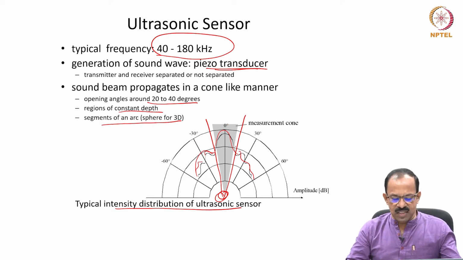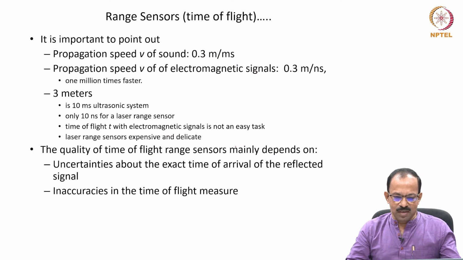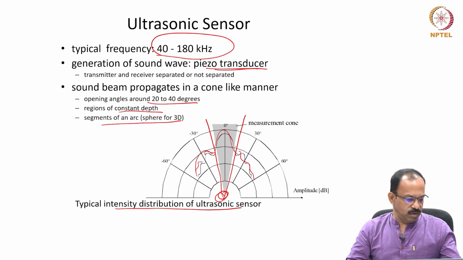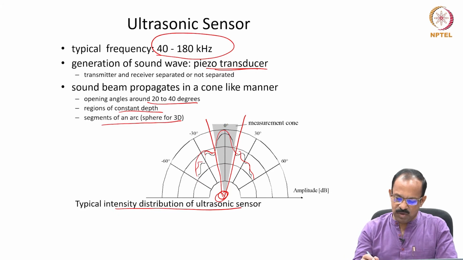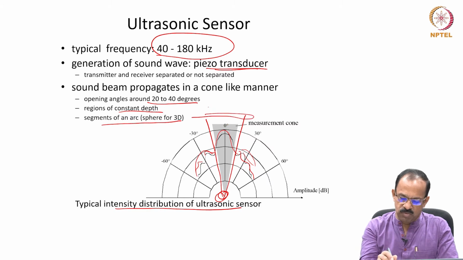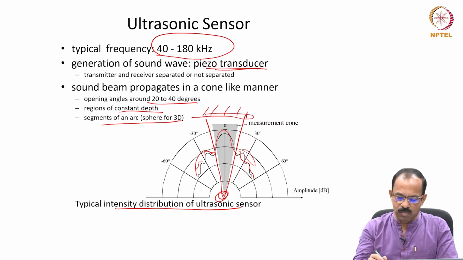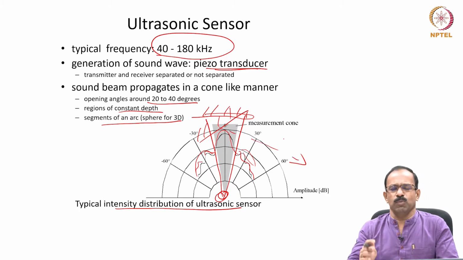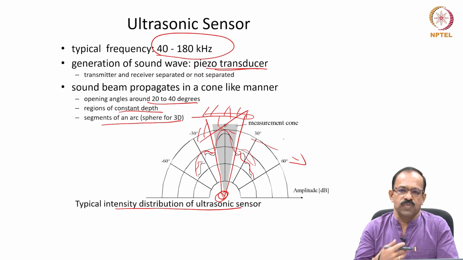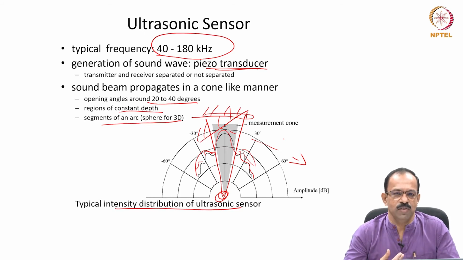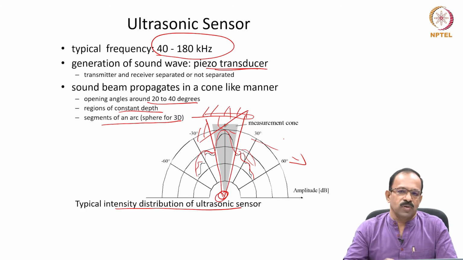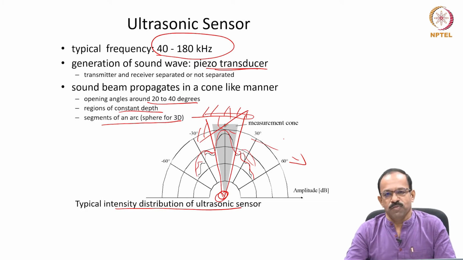But some of the challenges are that there may be some reflection coming from somewhere here also, and you are trying to measure some object here. So, it may come here, or if the object is something like this, it may get reflected like this. These are some of the challenges, and some of the surfaces will absorb the sound wave and will not really reflect. So, though it is a very good method of measuring distance, the challenges are that the environment may not be the same.